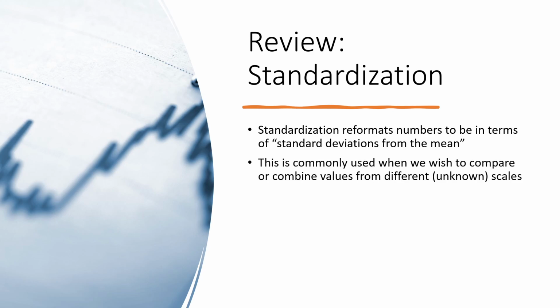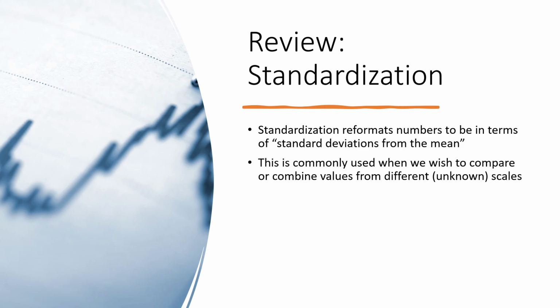This is actually a really useful thing when we're trying to combine information from different variables that could be on very different scales. So let's say I want to combine an individual's test score in one particular class with an individual's test score in another class, where the two professors grade very differently. The question comes up, well, if the two professors grade very differently, how can I combine these? One of the methods by which we can combine these is by standardizing the variables first.